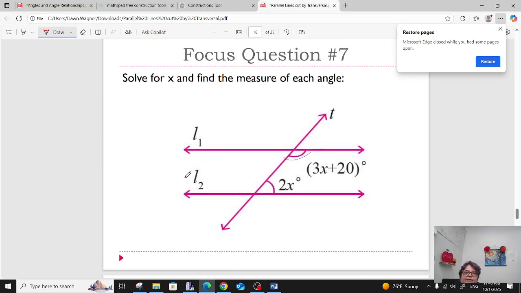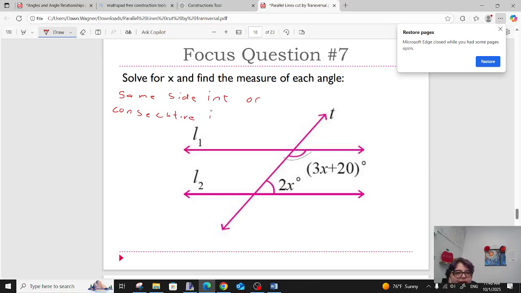Okay. What is this one? Now, this one's different. Nope. They are interior. They're going to be supplementary because these are same side interior or consecutive interior, however way you want to say that.